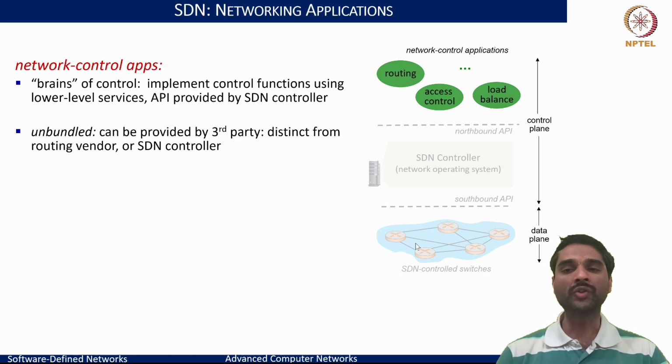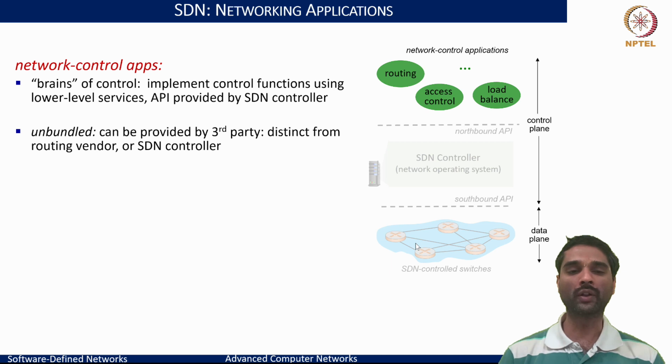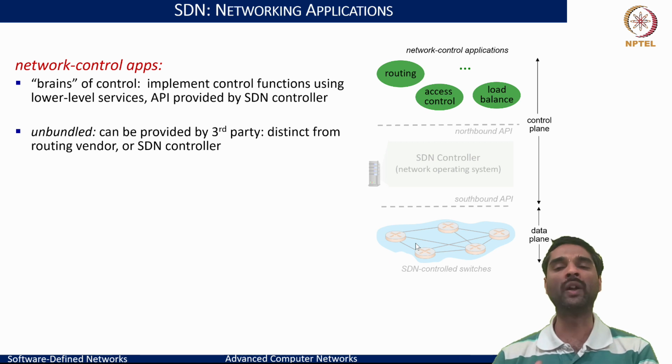And it is natural now to think of the vendors of SDN controllers providing default network control applications, just as Windows or Linux come with default apps. But that should not confine Windows to just the Windows applications. Any third party should be able to develop applications for Windows, right?